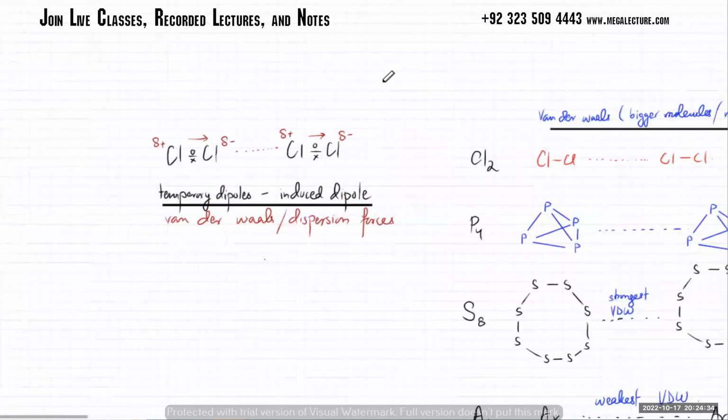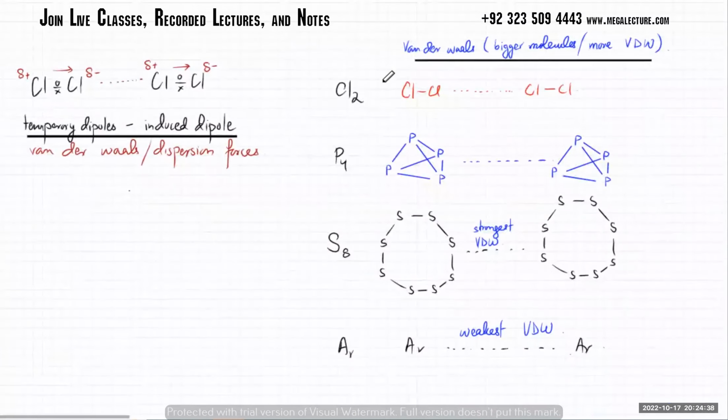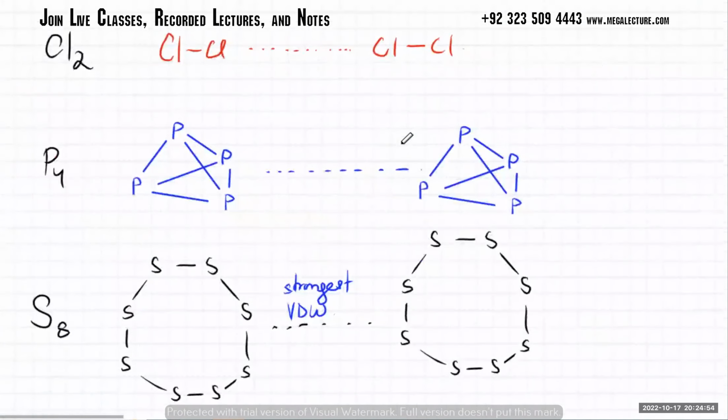So you've got these van der Waals forces. All these molecules are non-polar, and they're tiny molecules, and they'll have these van der Waals forces, which are intermolecular forces. Now the thing about these intermolecular forces is, the bigger the molecule, the bigger the dipoles you're going to have. Like phosphorus over here has a total of how many electrons?